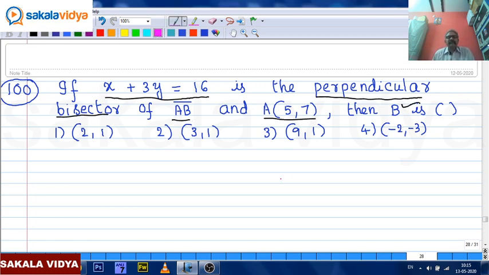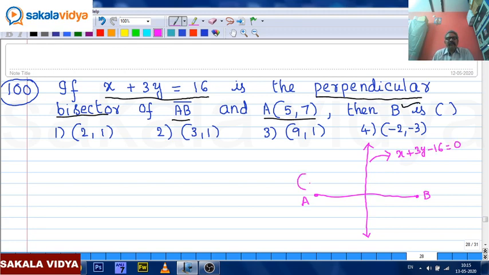So for example, take the line segment. This is A, this is B, and this is the perpendicular bisector, whose equation is given by x plus 3y minus 16 equals 0.